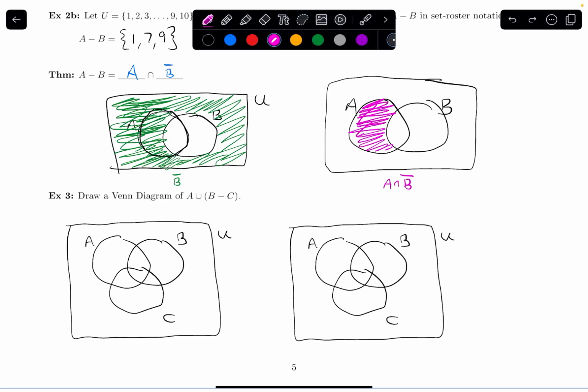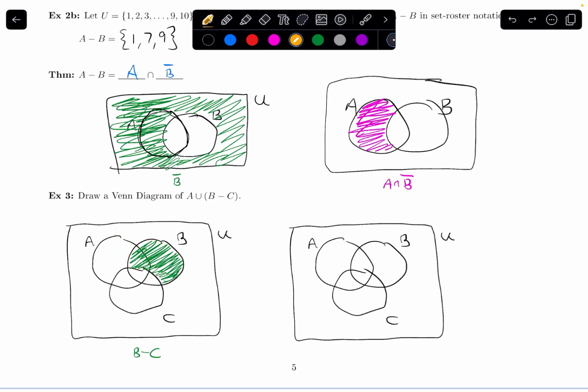Let's draw that. B minus C would be the stuff that's in B, but that's outside of the circle C. So that would be this region, in B, but outside of the circle for C. Okay, that's B minus C. And I need to now take the union of that with A. A consists of everything in the circle for A, and with the union, we shade in everything that's in A, as well as everything that's in this green region, this difference, all of it.